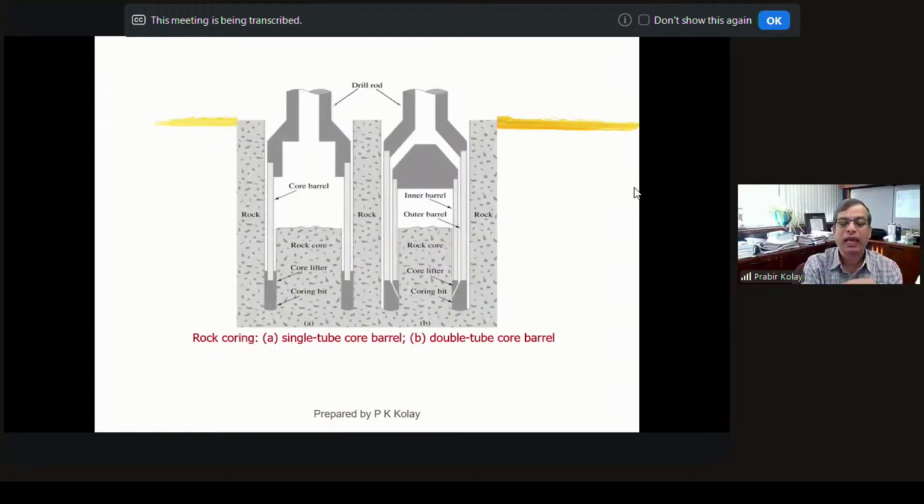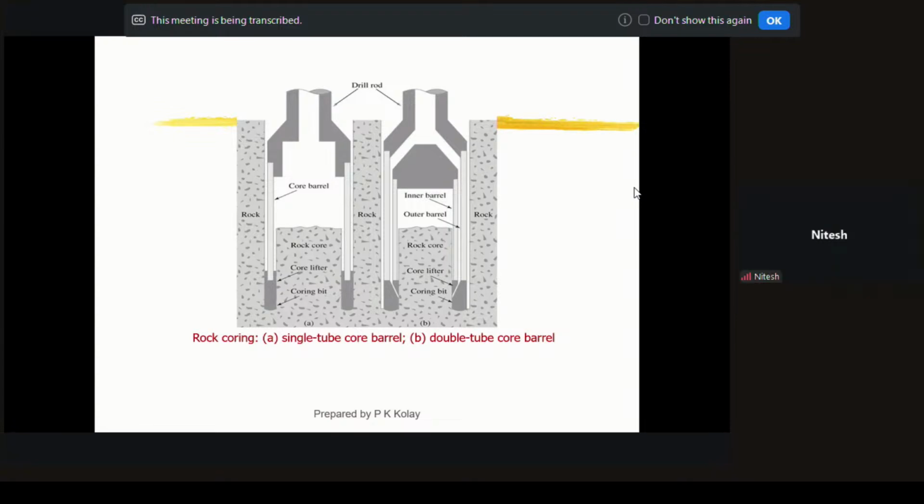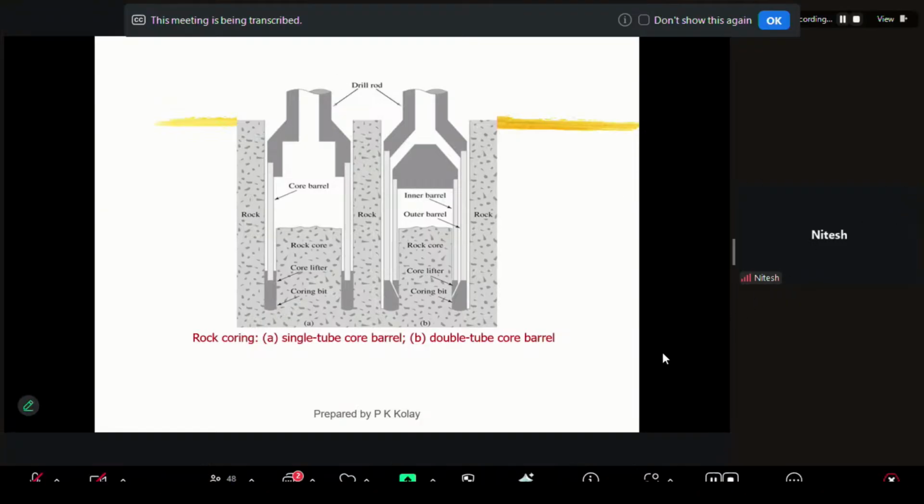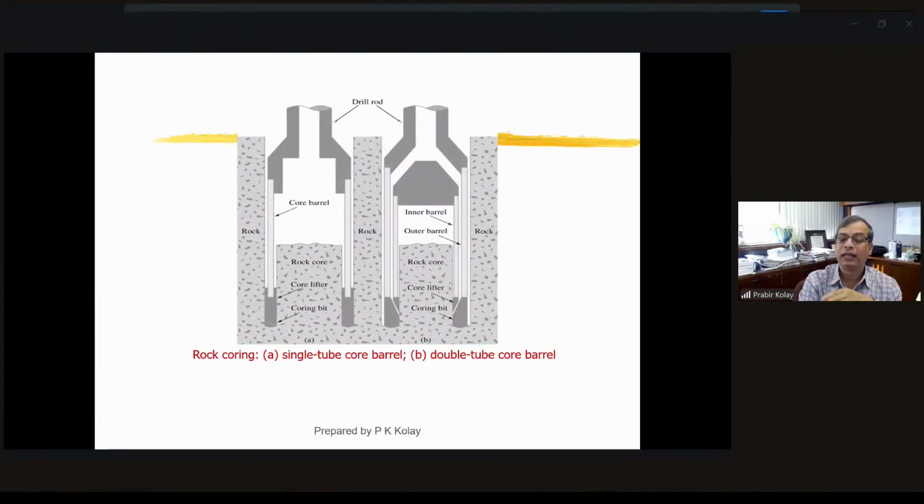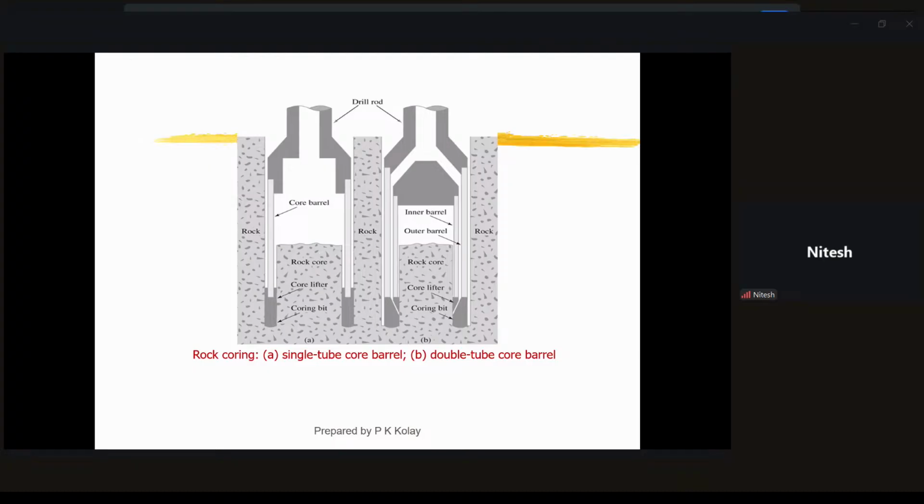Here, the rock coring sample, again, there should be a cutting bit and the coring bit, and also how to collect. There should be the single tube core barrel and the double core barrel.